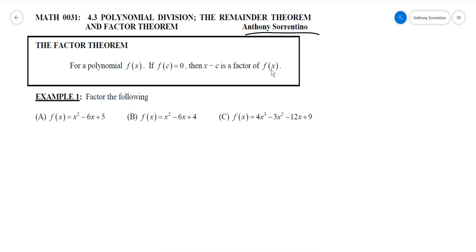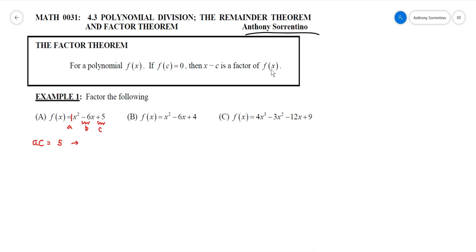So for instance, when I look at f of x equals x squared minus 6x plus 5, as in part A here, we have methods of factoring this. I'm going to use the AC method, with a being 1, b being -6, and c being 5. AC equals a positive 5, and there's not a whole lot of factors that give you positive 5.